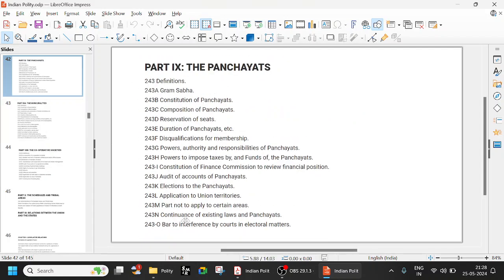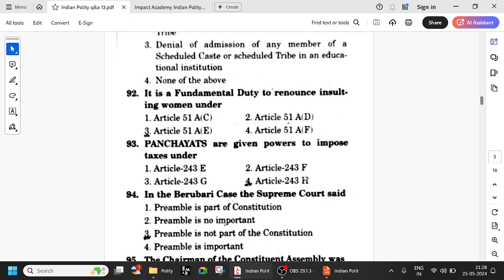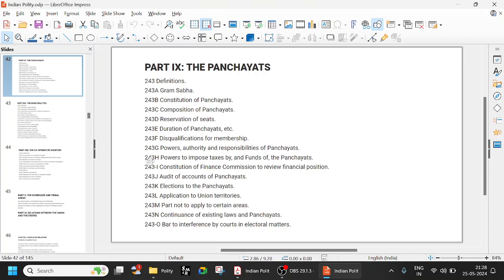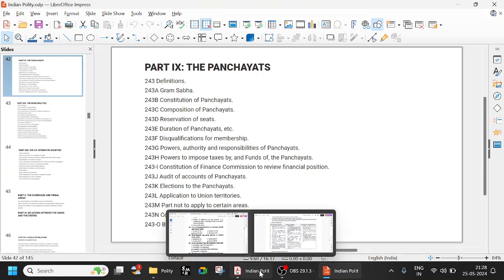The taxes provision is 243H, to impose taxes and funds for the panchayat. So panchayats are given powers to impose taxes under 243H. Let's look at E, F, G. They are also very important. E is duration of panchayats, F is disqualification, and G is powers, authority, and responsibilities.